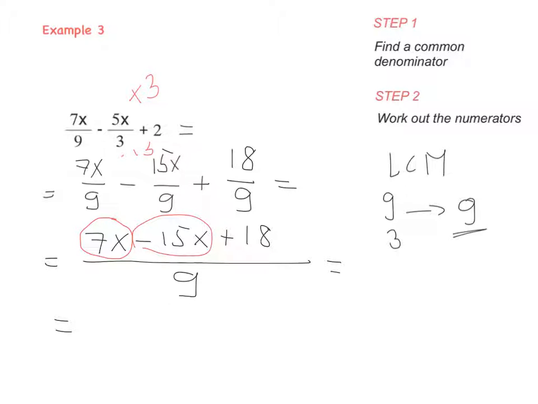So 7 minus 15 is minus 8. Now 18 is a constant, so we can just leave it as it is. We cannot add it to x. That's different, they're not like terms, okay? They're different. And that's it. This is a single fraction, okay? So this is the answer.